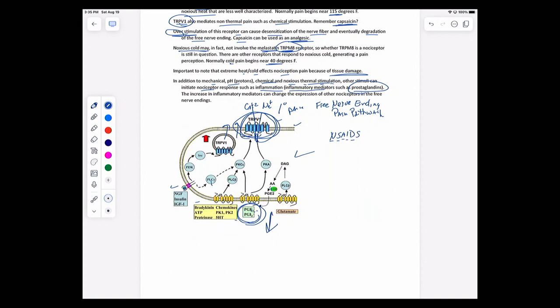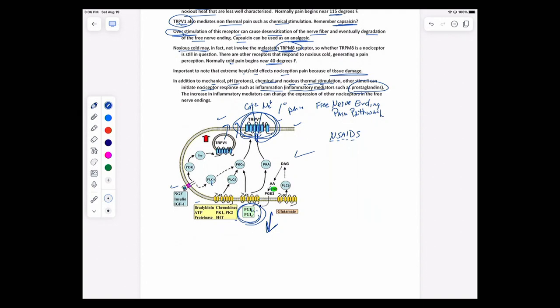And if you can lower the amount of prostaglandins that are going to be released, that is going to cause these free nerve endings associated with the pain pathway to be less sensitive. So that's the mechanism of how NSAIDs can manage pain if the pain is a function of an inflammation.